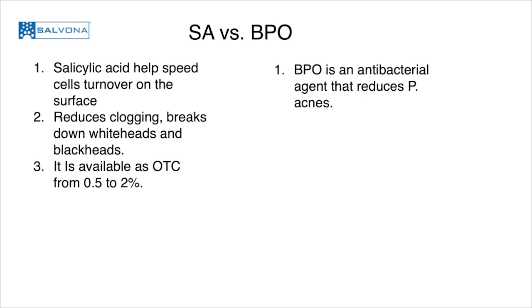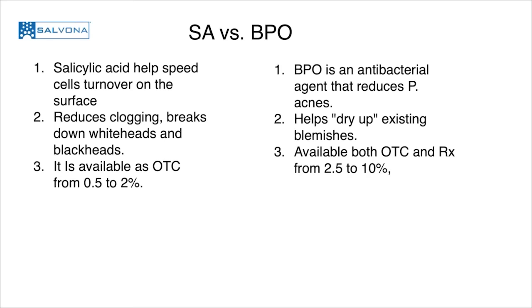BPO is an antibacterial agent that reduces the P. acne. It helps dry up existing blemishes and acne, and it's recommended for use at 2.5 to 10%. In short, salicylic acid is a solution for everyday use, for daily skincare, everyday facial, body wash.